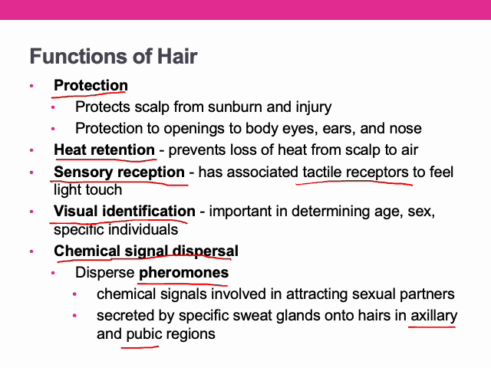This chemical signaling is important and has been used in attracting sexual partners. A lot of people who might be attracted to their partners, one of the possibilities is they are also attracted to their pheromones.